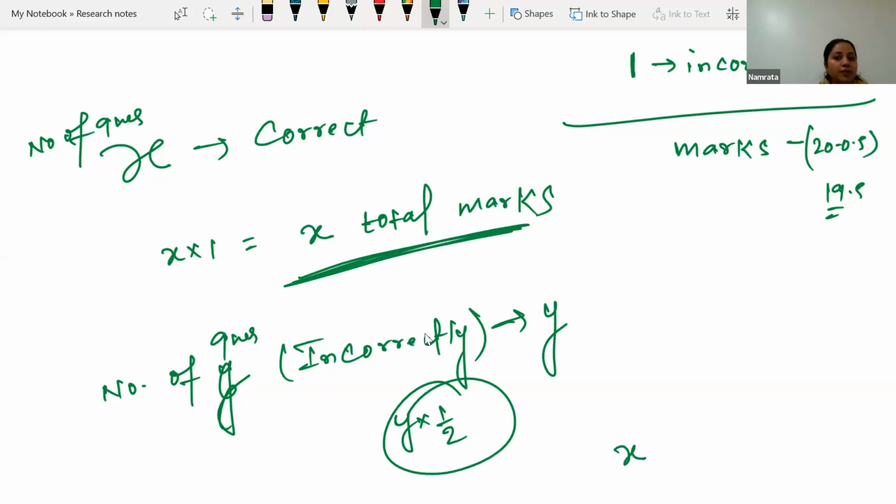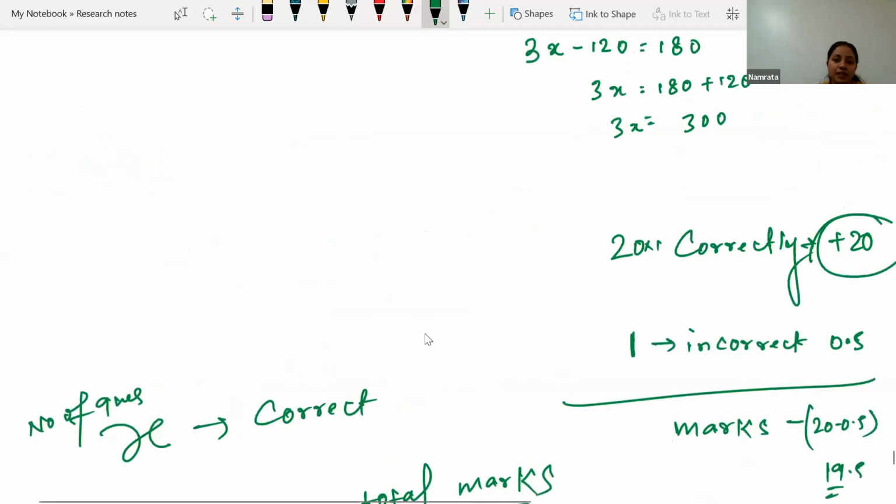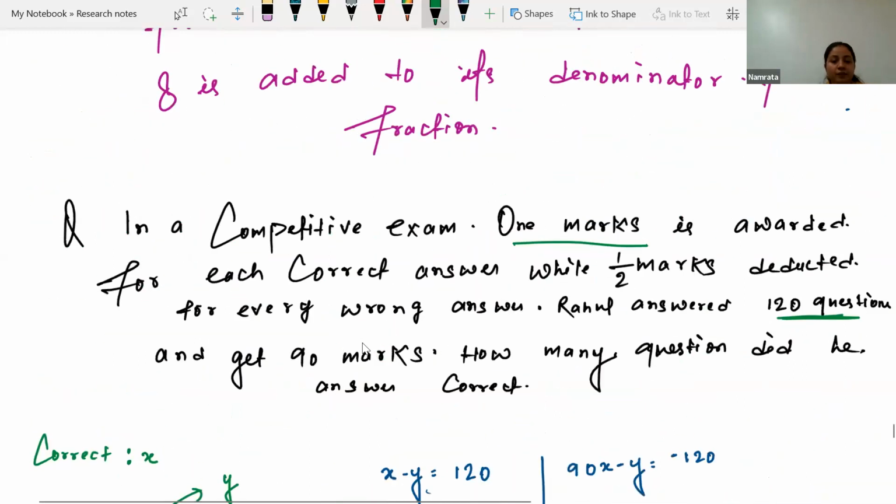So far he has obtained x marks. From that they will deduct the marks for negative marking. That is y by 2 marks he is going to lose from there. And at the end on his mark sheet 90 marks is there. Let's see, is it 90 marks? Yeah, he has got 90 marks.